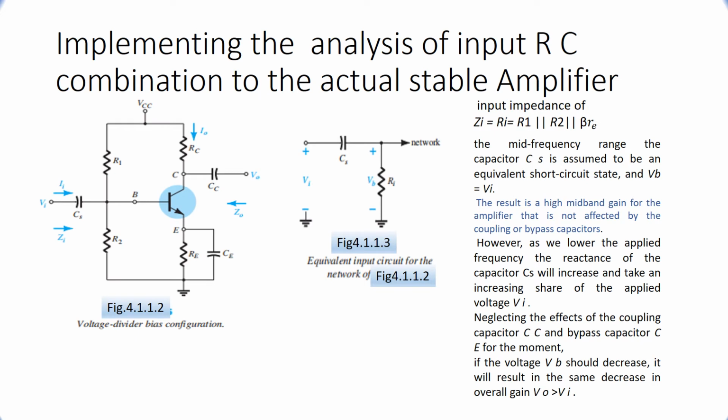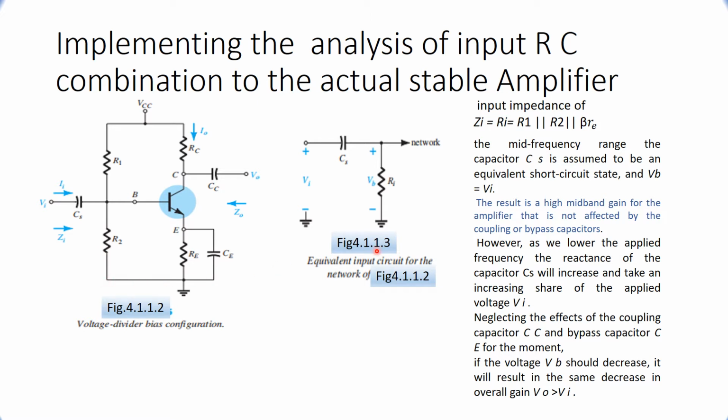Then we implement the analysis of the input RC combination on an actual amplifier. Here this is our application amplifier, where we are using a voltage divider common emitter configuration, and this is an RC combination which is present on the input side, CS and Ri.